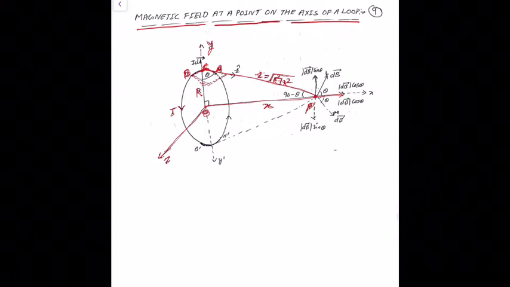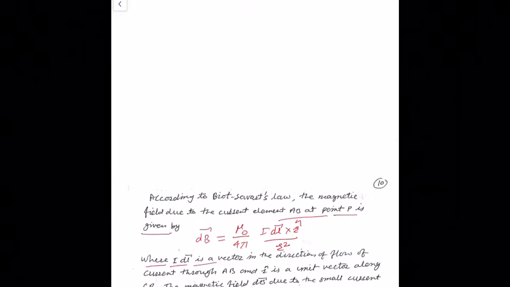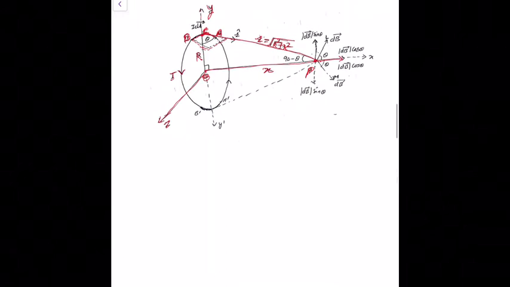According to Biot-Savart law, the magnetic field due to current element AB at point P is given by dB vector equal to mu naught upon 4 pi I dl cross r cap upon r square, where I dl vector is a vector in the direction of flow of the current through AB, and r cap is a unit vector along CP.